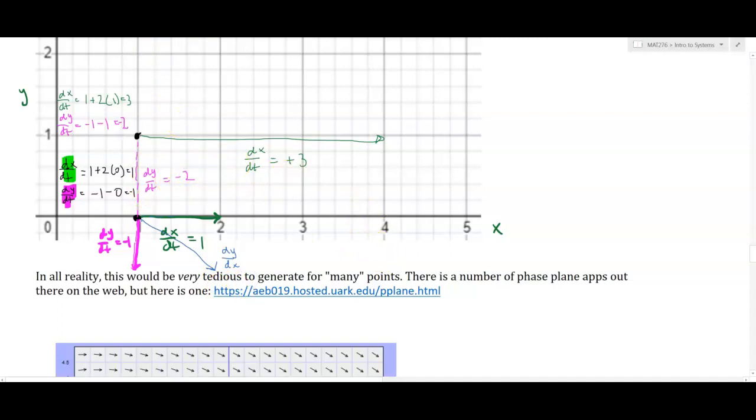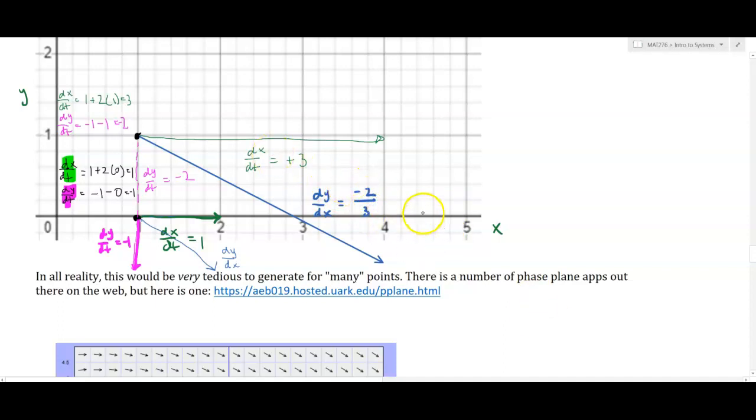And so as a result, if x goes from 1 to 4, but y goes from 1 down to -1, that means my resultant vector is going to point right there. And that's my dy/dx: y is going to decrease by 2 as x increases by 3.